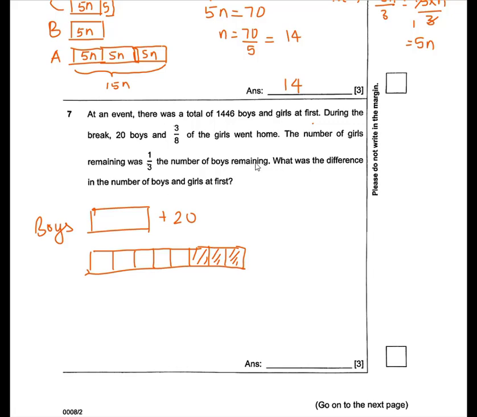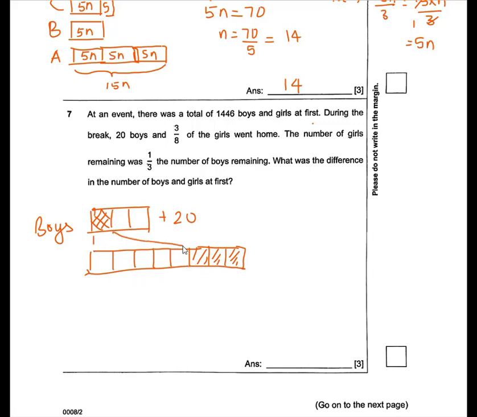The number of girls remaining was 1/3 the number of boys remaining. 20 boys left, so this has to be the number of boys that are left. If I divide this into 3 parts, this is 1 part out of the 3 parts here. And the number of girls remaining is equal to this 1 part.